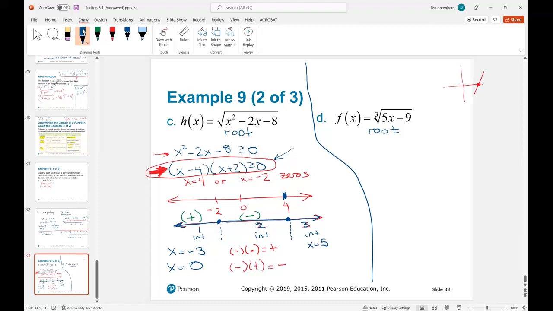I get a positive number times, when x equals 5, and I plug it into x plus 2, I also get a positive number. So this becomes a positive number, which means here it's positive. So now I know how my intervals are separated. I think I'm going to have to do the next one on a new slide. I don't have enough room.